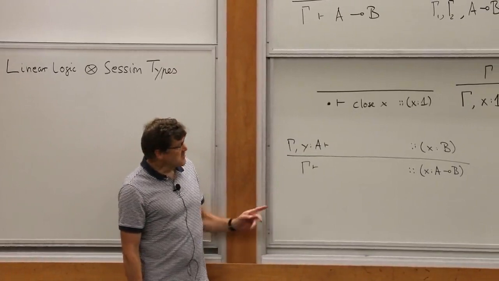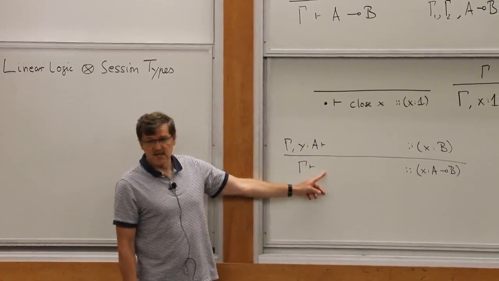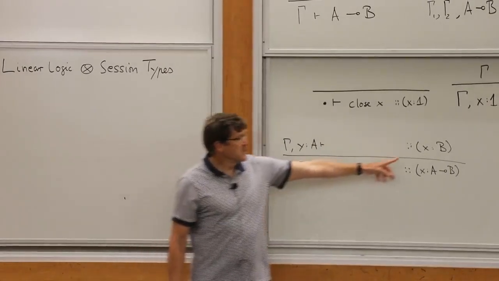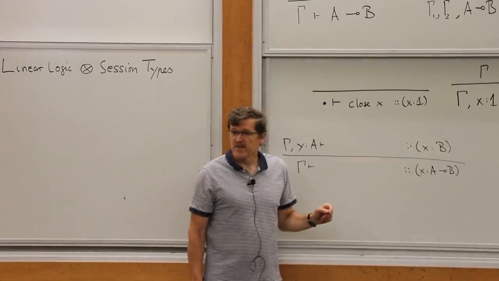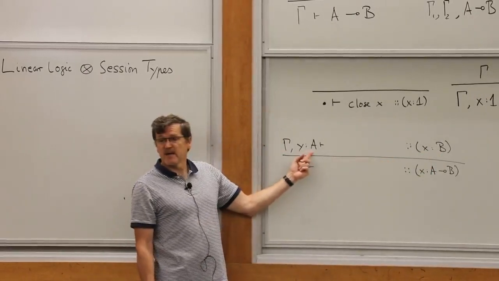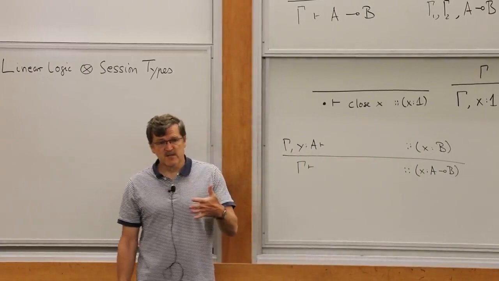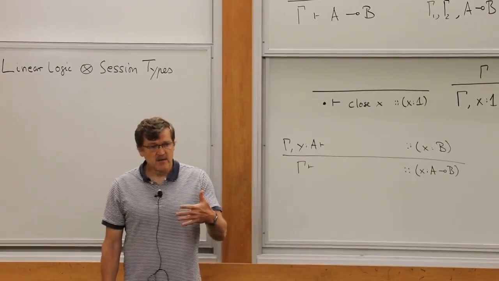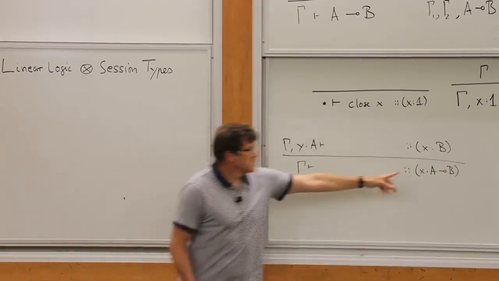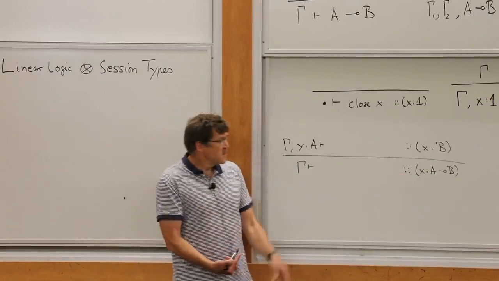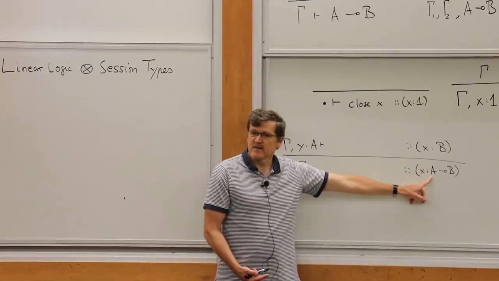It can only be something that receives a channel and then continues as B. And the channel that we received has to have type A. So it's just like a function getting an argument, but here, along this channel X, we're being sent another channel, and this other channel that we're getting has type A.